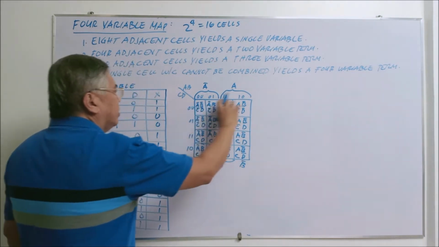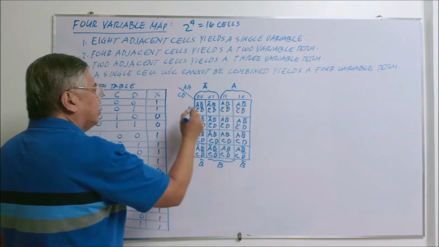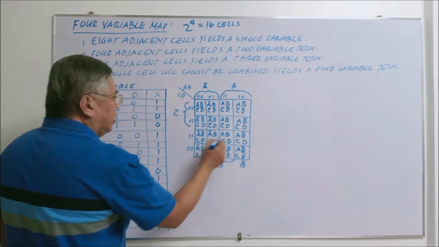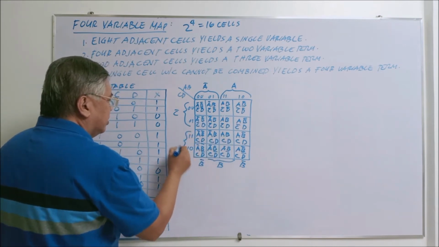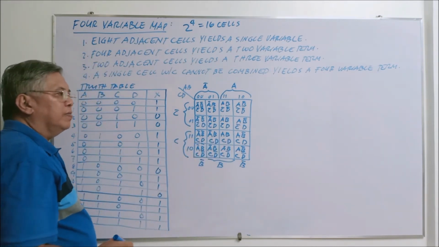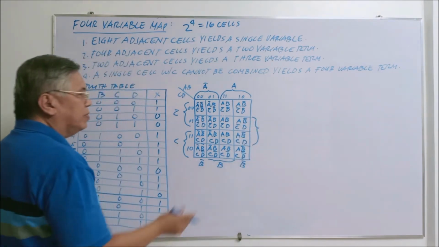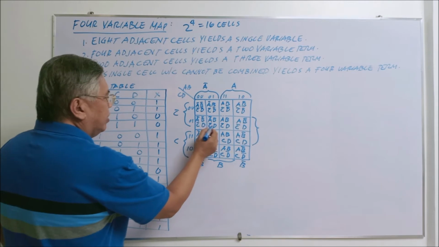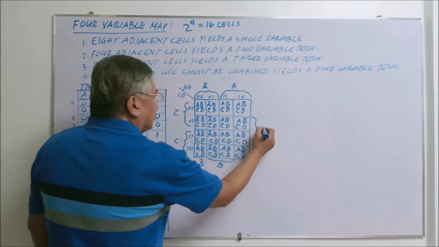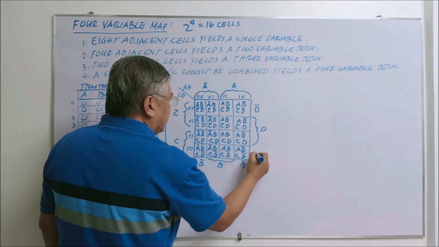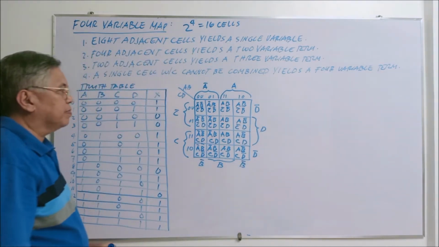Then here, the common is C bar. And then here, the common is C. Okay? Then here, the side middle, the common is D. So therefore, here you have D bar and D bar.